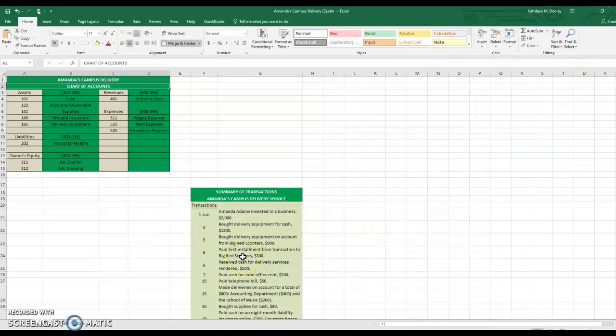All right, the next one, we received cash for delivery services rendered. That means performed. That means Amanda ran around on the motor scooters doing deliveries, sweating, taking her time. That's what the business was giving up, and it received cash.